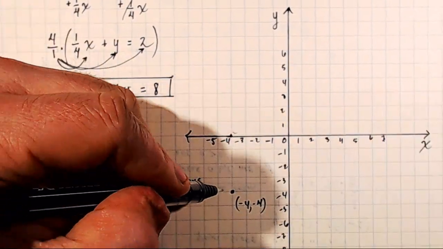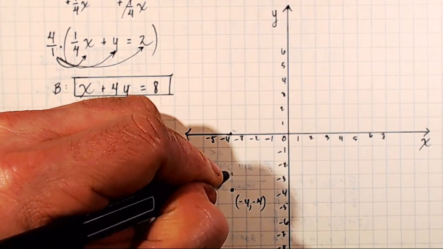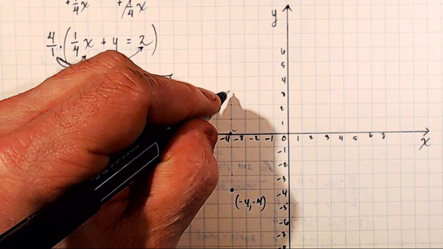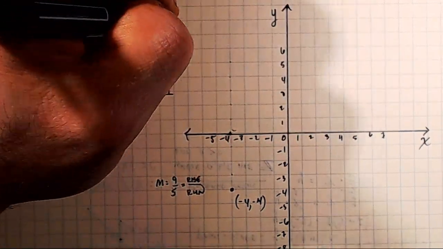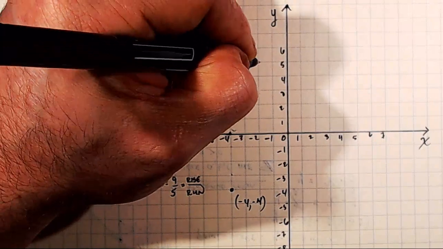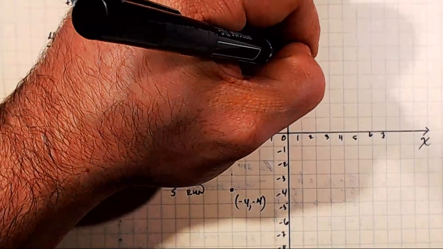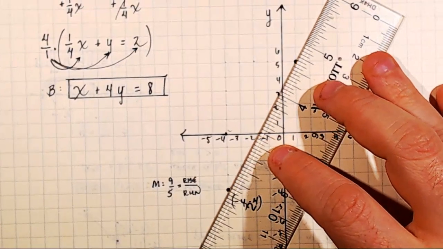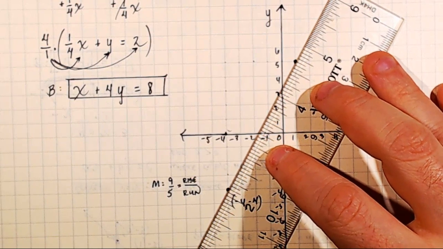So starting at (-4, -4), go up 9: 1, 2, 3, 4, 5, 6, 7, 8, 9. And then go over to the right 5: 1, 2, 3, 4, 5. Right there. Okay. So I'm going to draw a line passing through those 2 points right there. Be real careful with this.